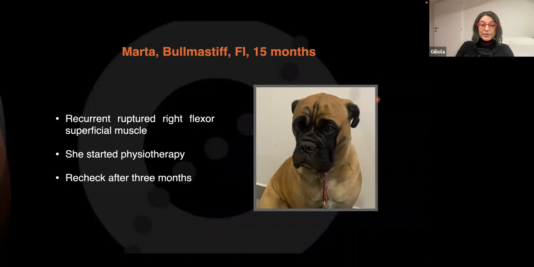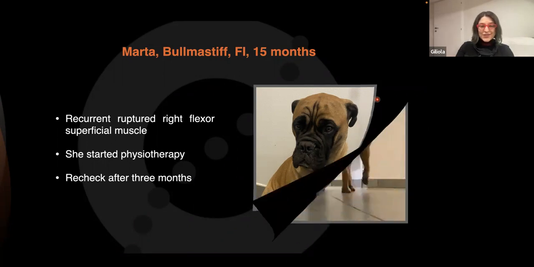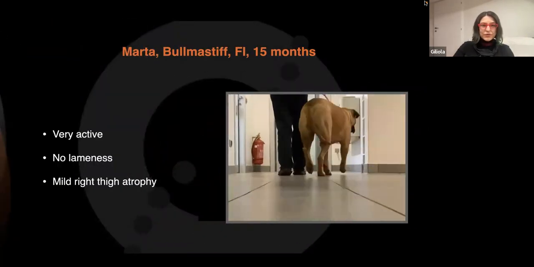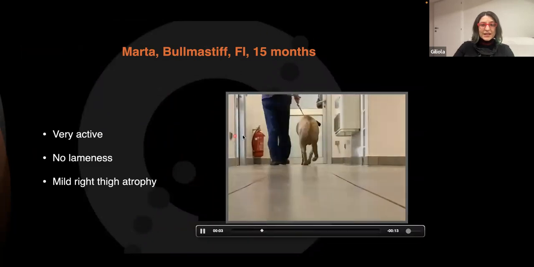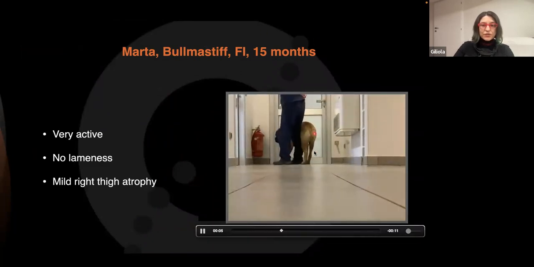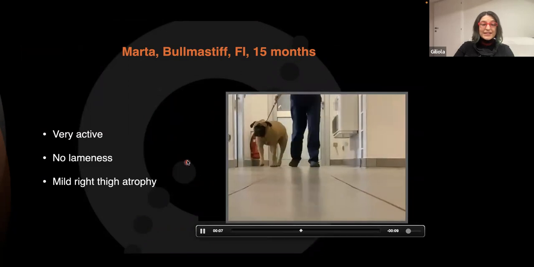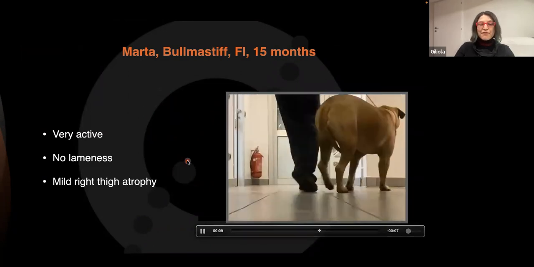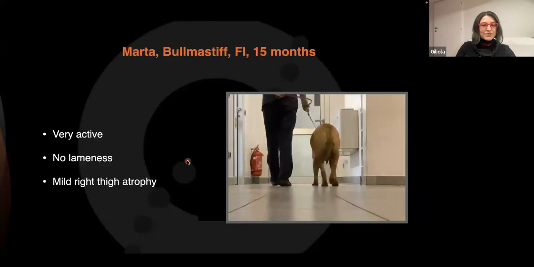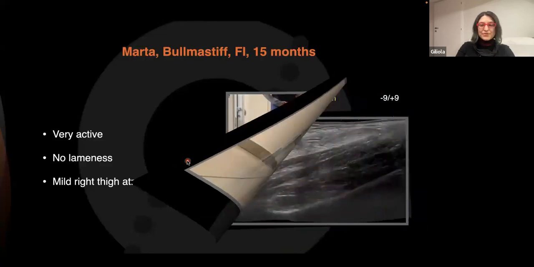She started physiotherapy and they tried, I think they used a terminal cell, to try to stop the recurrence. They put some support on her, and I saw this patient a few months later. She still has a little bit of atrophy on the right side, but she was not lame, really active. And she was, apart from the atrophy, absolutely perfect.